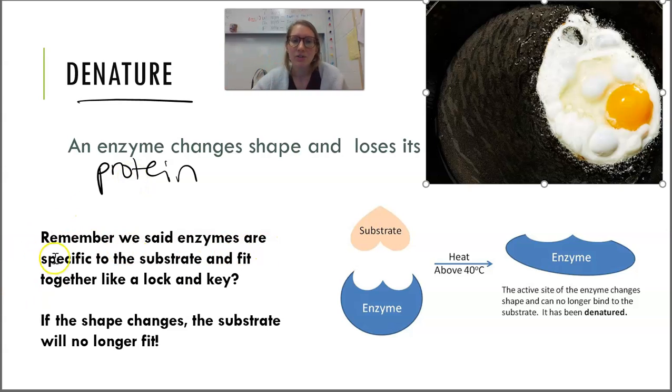So remember we said enzymes are specific to substrate, fit together like a lock and key. If the shape changes, then the substrate will no longer fit. So you could think about denaturing as like you had a puzzle piece that looked this way, and a perfect little heart puzzle piece would fit into it, but if it got warped, if it got too acidic or too basic, suddenly now it's stretched out and it can't fit there anymore, so it doesn't work.